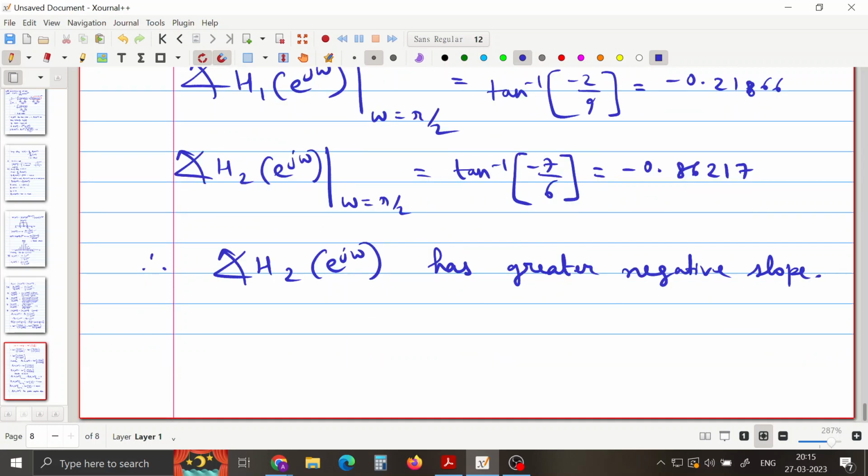Okay, so h2 has a more negative slope, because it falls down more rapidly.